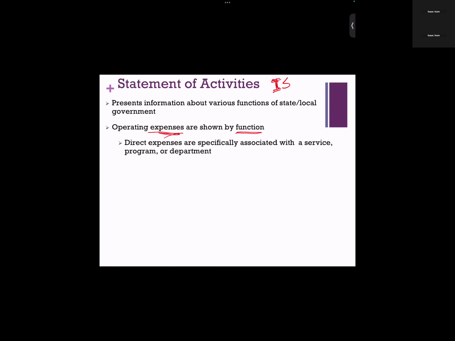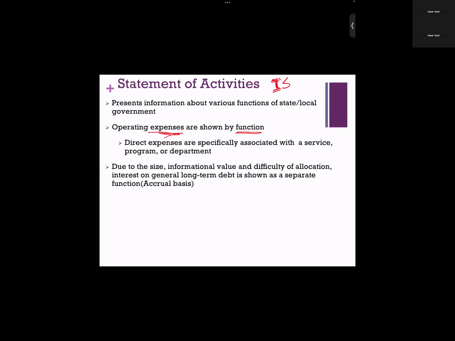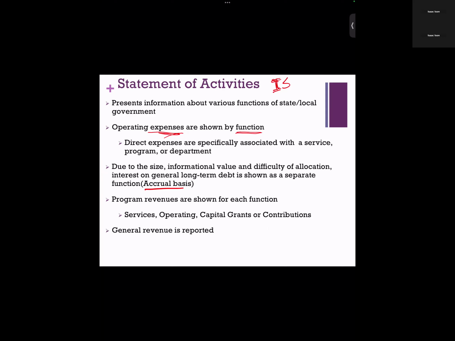So direct expenses are specifically associated with a service program or a department. So we're going to show debt based on accrual basis. And then we have our program revenues. So service, operating, capital, grants, contributions, general revenue is reported.